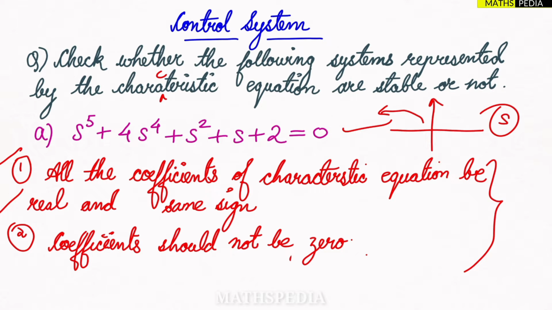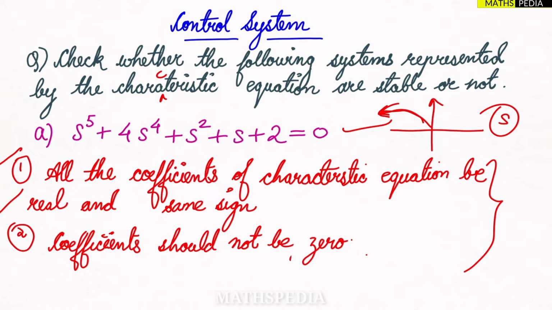The roots, in the sense of s values, poles and zeros, right? The characteristic equation basically means the denominator, so the poles should be on the left half of the S-plane, that means this left side. Then only we can say the system is stable. For the system to be stable, the poles according to the characteristic equation should be in the left half of the S-plane. So these two conditions we'll see.